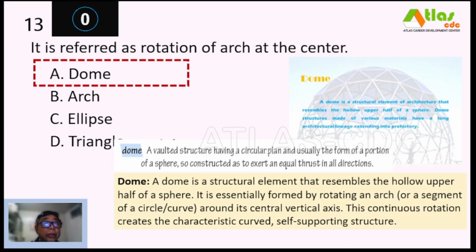So a dome is a vaulted structure having a circular plan and usually the form of a portion of a sphere, so constructed as to exert an equal thrust in all directions. A dome is a structural element that resembles the hollow upper half of a sphere. It is essentially formed by rotating an arch or a segment of a circle curve around its central vertical axis. This continuous rotation creates the characteristic curved, self-supporting structure.